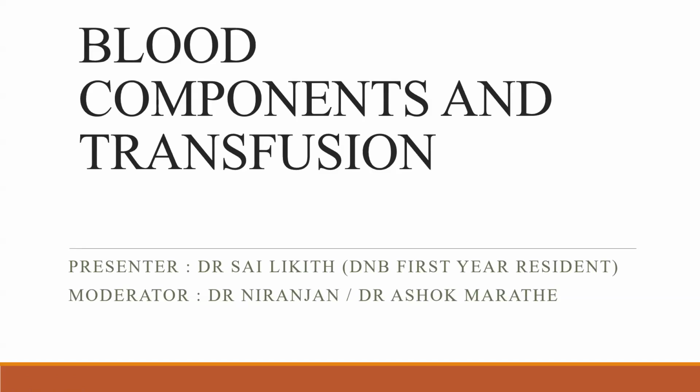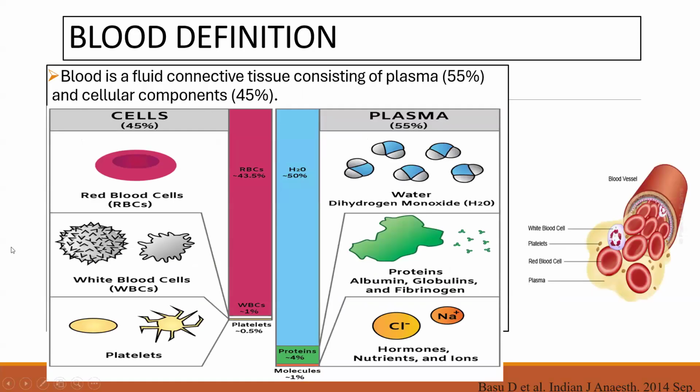Today we are discussing the topic blood components and transfusion. Now, coming to the blood definition, blood is a fluid connective tissue that circulates throughout the body and consists of plasma and cellular components. Cellular components comprise 45%, in that RBCs are 43.5%, WBCs are 1%, and platelets are 0.5%.